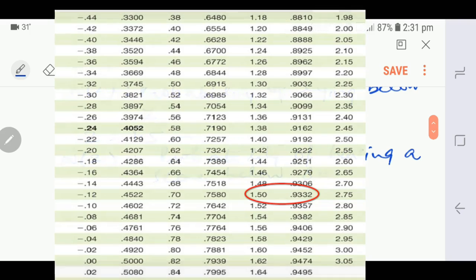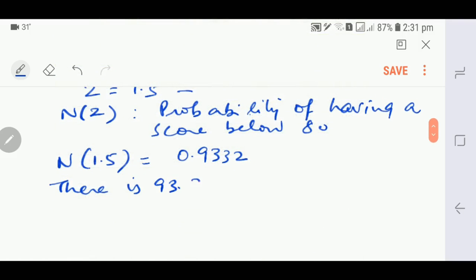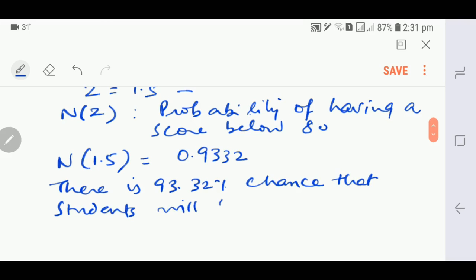So if you go to the table, you will find that N of 1.5 is equal to 0.9332, which tells us that there is a 93.32% chance that the students will score below 80.